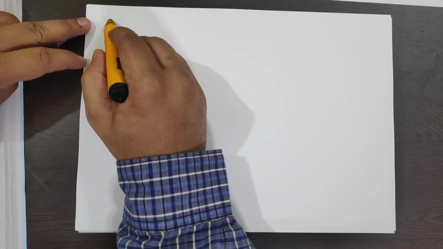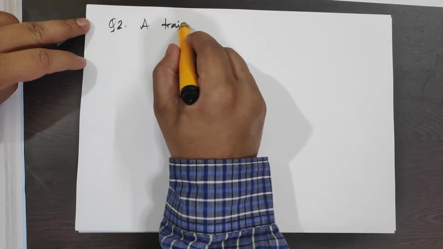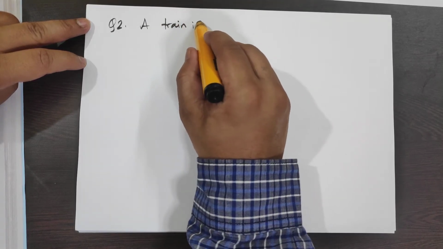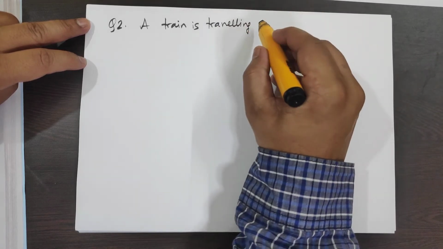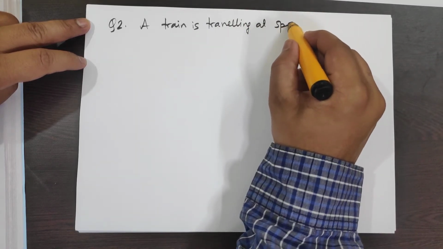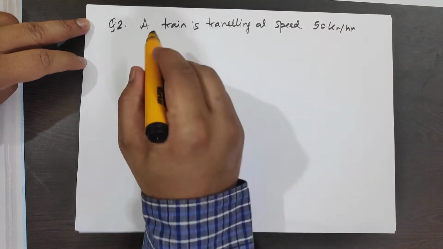Now some next question. Question number 2. A train is traveling at speed 90 kilometer per hour.